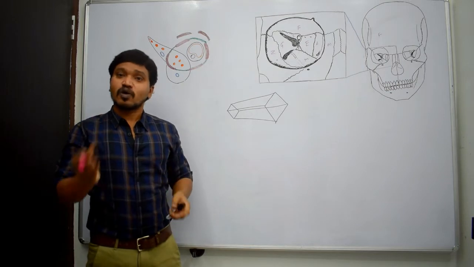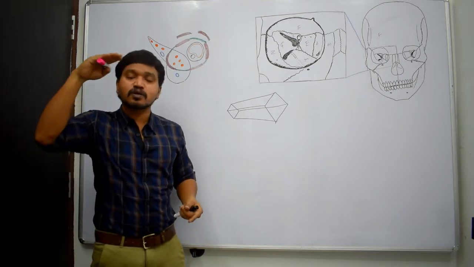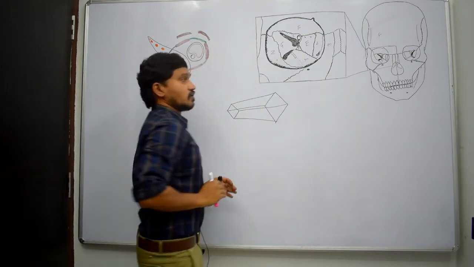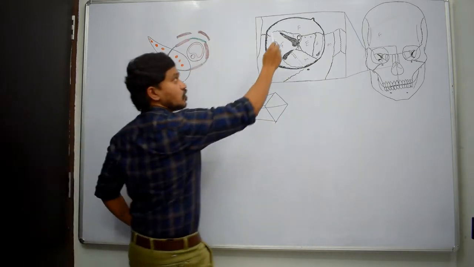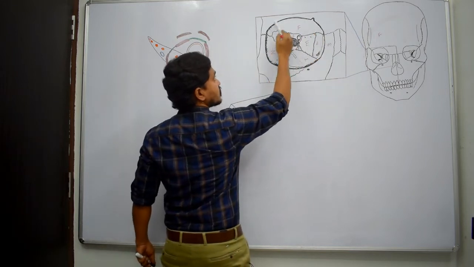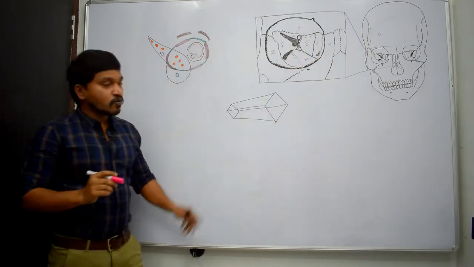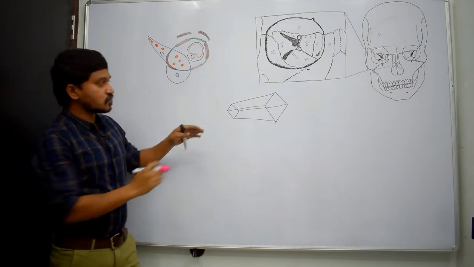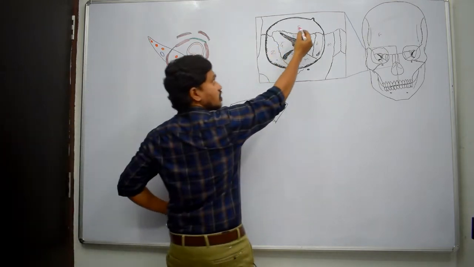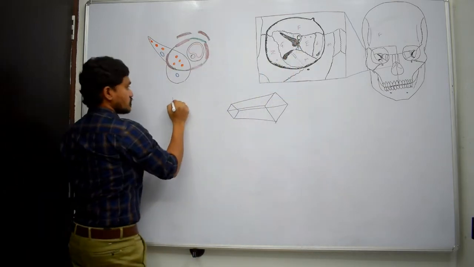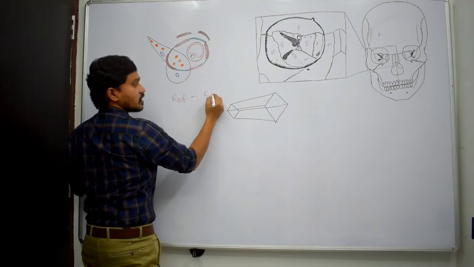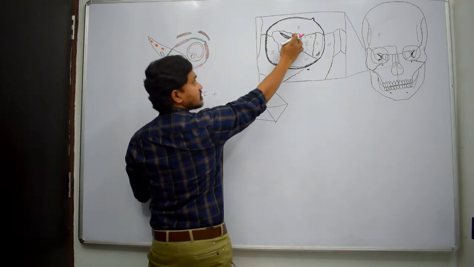Now we will see which bones form the roof, the floor, the medial wall and the lateral wall. First, this is the roof. What are the bones? Frontal bone, and what is this?